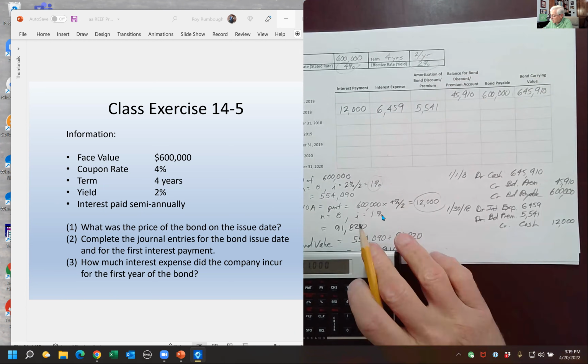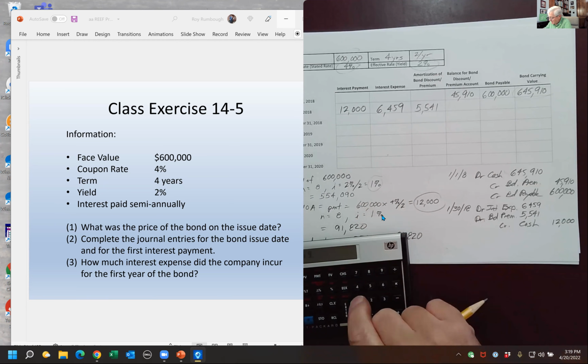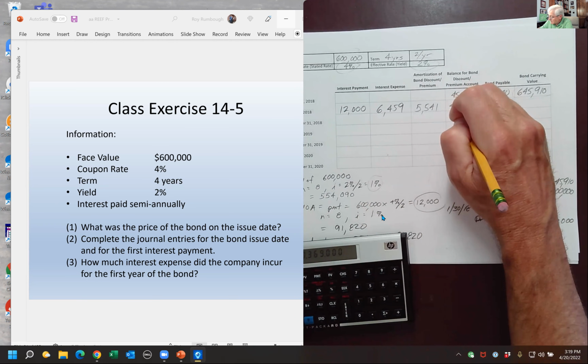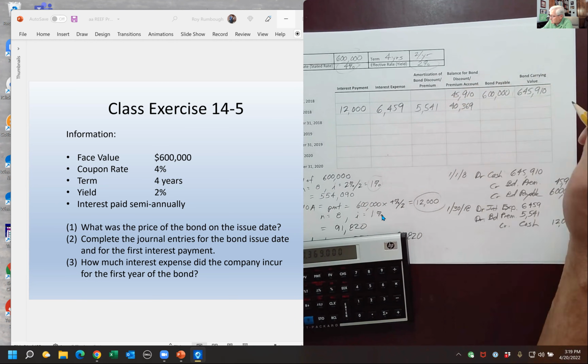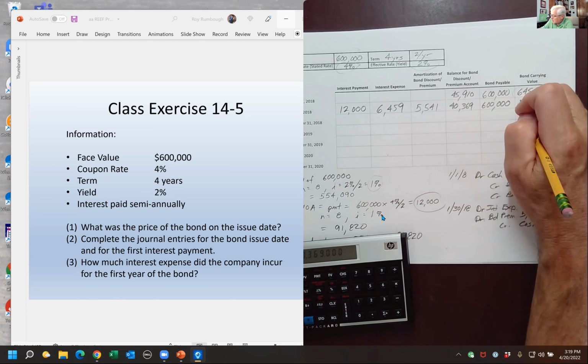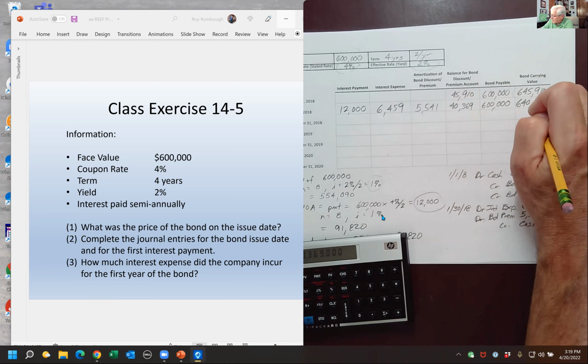That reduces my bond premium down to 45,910 minus 5,541, 40,369. Bond payable 600,000. My new carrying value is 640,369.